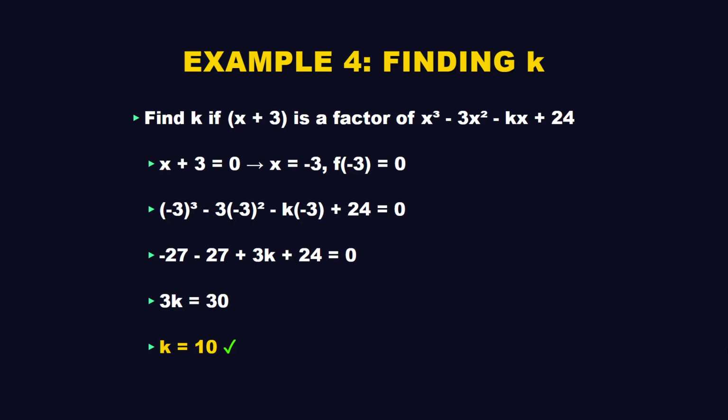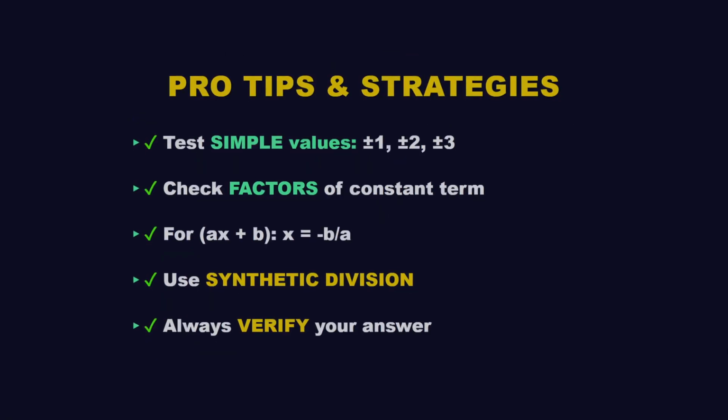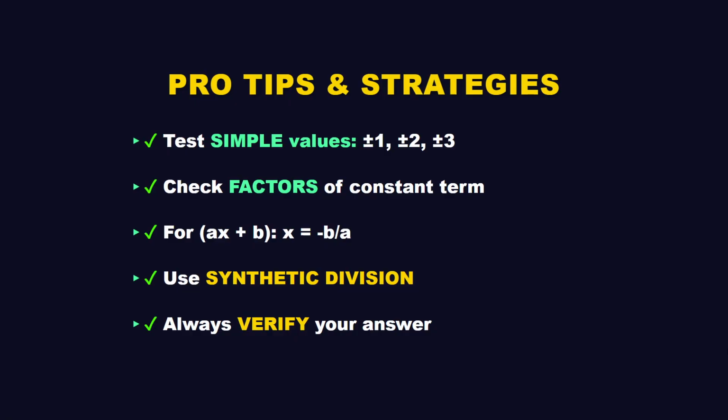I hope you've understood this. This type of problem solving skill will earn you full marks on your exams. You can test simple values plus or minus 1, plus or minus 2, plus or minus 3 as I have mentioned for completely factorized type of questions. Check factors of the constant term.